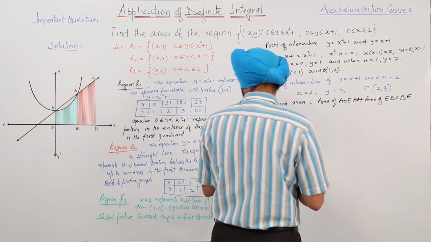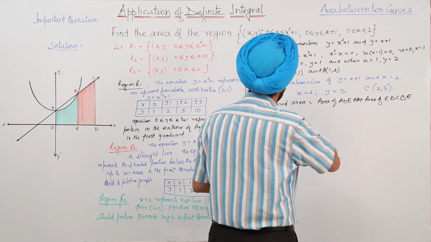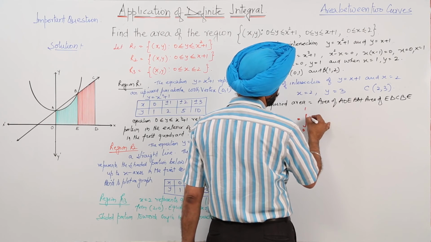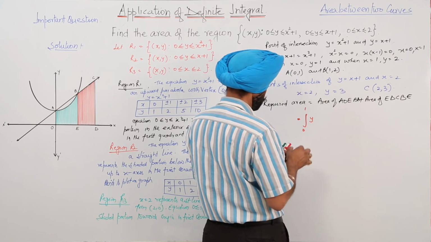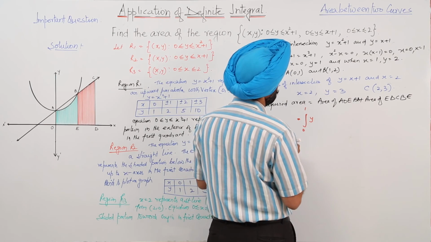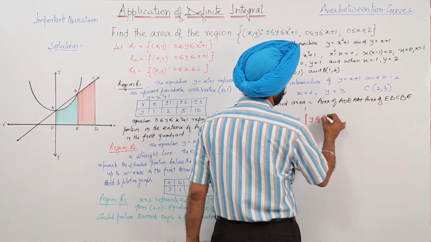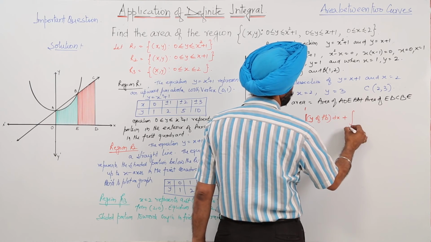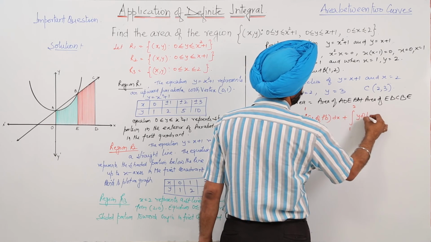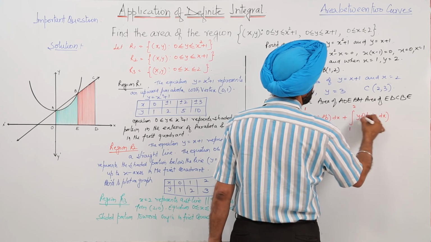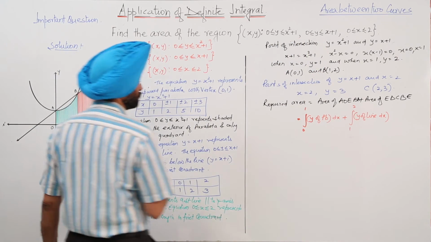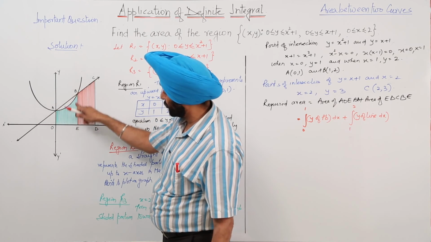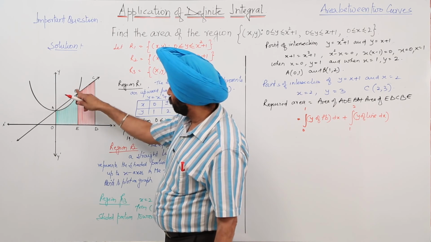Now this is equal to the integral from 0 to 1 of y of the parabola dx plus the integral from 1 to 2 of y of the line dx. From 0 to 1 is y of the parabola up to the x-axis, and from 1 to 2 for this line.